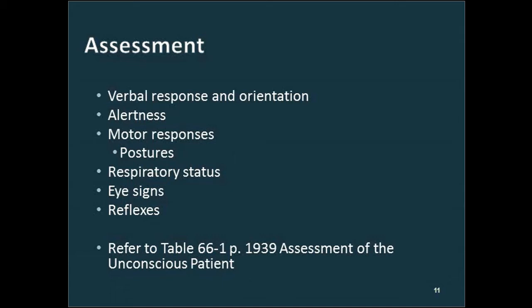You can turn it very quickly to the right or to the left, and the eyes should move in the opposite direction. Okay? If the brainstem is intact, the eyes will move the opposite direction from the way the head turns. That's a positive doll's eyes. And then the opposite of that would mean that the brainstem is not intact, and that's definitely not a good thing.